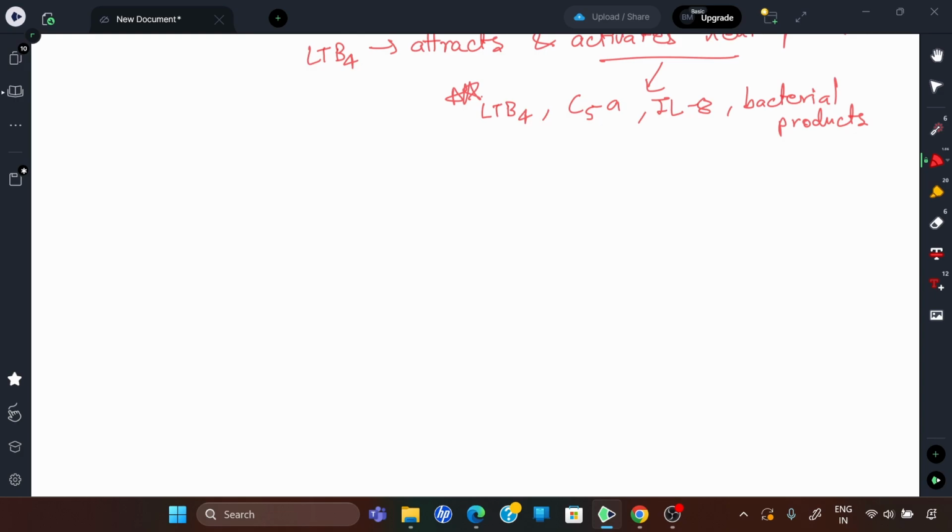And now moving further to other leukotrienes, this was LTB4. Apart from this, the important ones are LTC4, D4 and E4, right? And their function is vasoconstriction. Another function is bronchospasm.